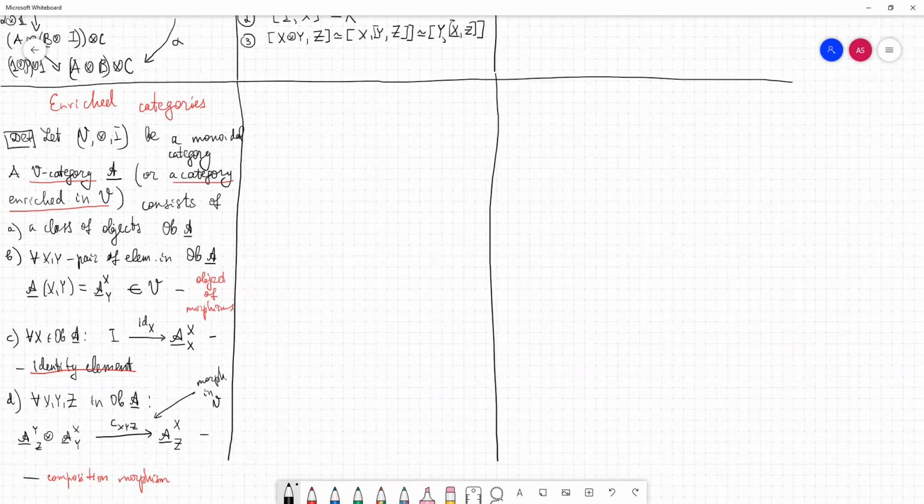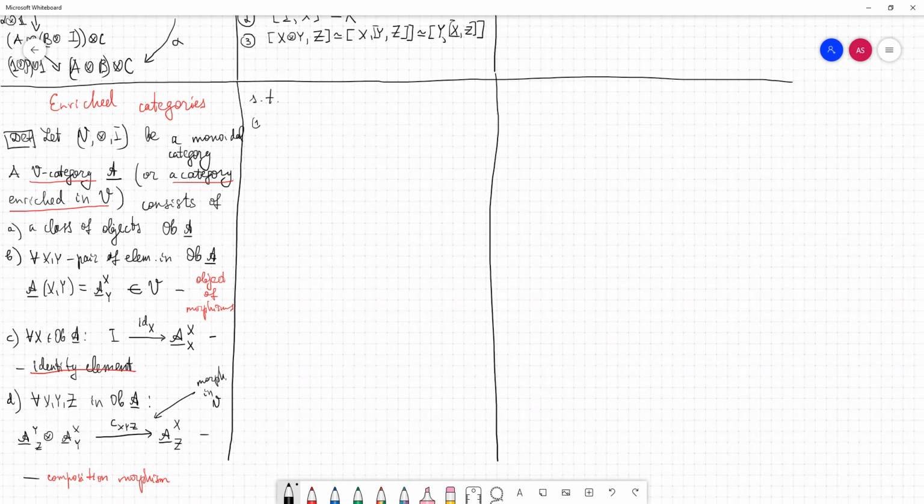Therefore, the tensor product between two Hom objects reminds us of Cartesian products of sets, and the composition is not a function between sets anymore, but a morphism in V, called the composition morphism, such that this data satisfies two axioms.